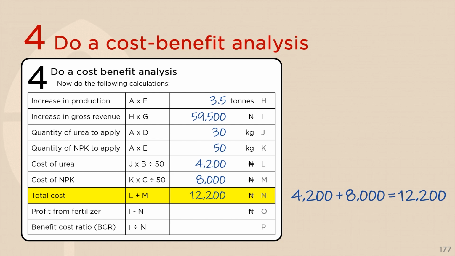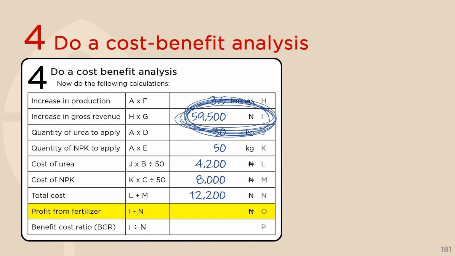We are almost through. Next, we will calculate the profit from fertilizer. To do so, we need to subtract value N from value I. Value I is the increase in gross revenue. We calculated this to be 59,500 naira.